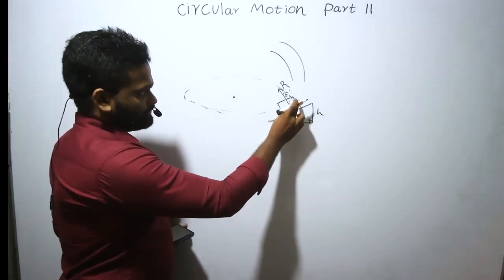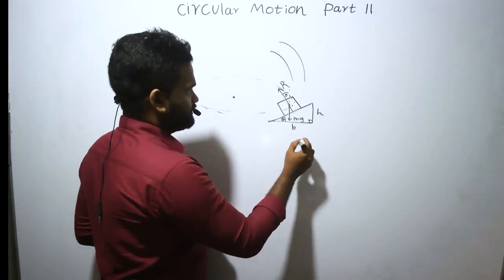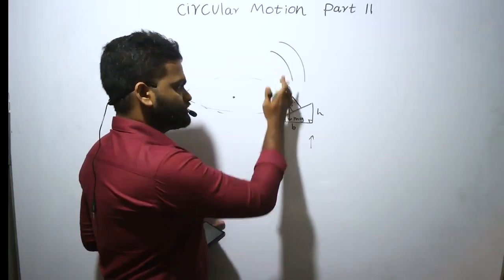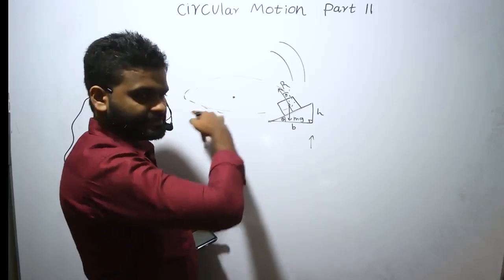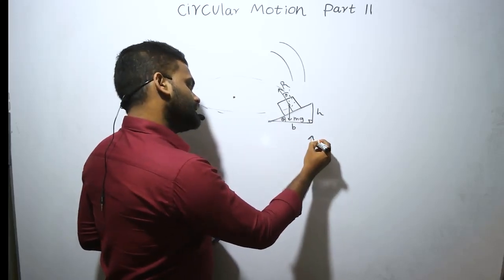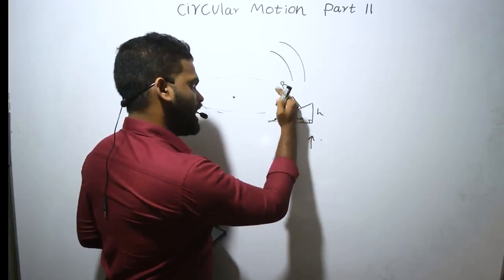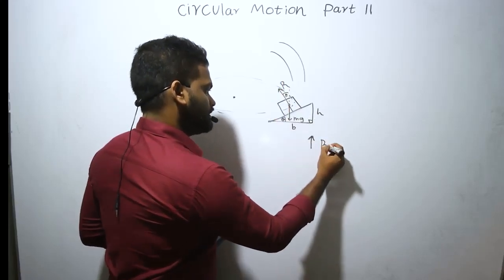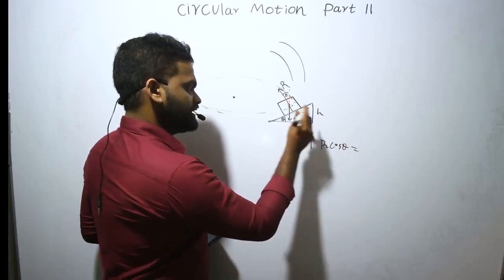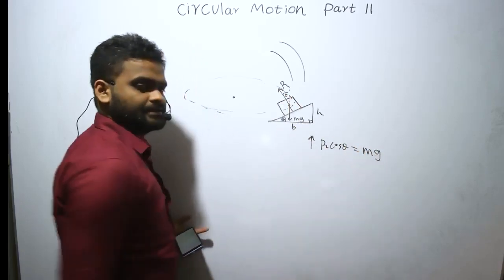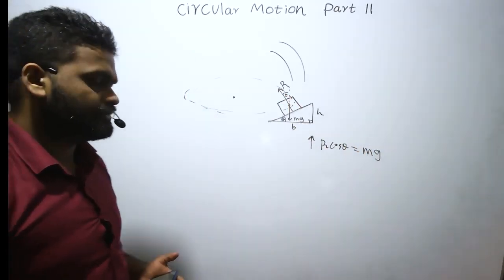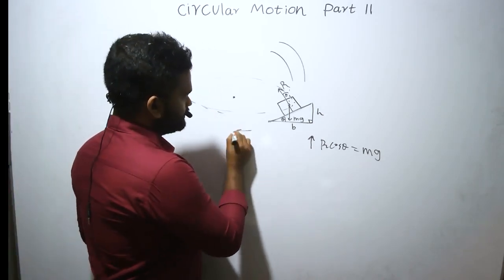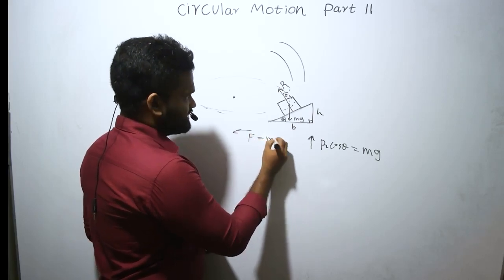So for this, you can consider vertical equilibrium. Vertically, there's no movement, right? Movement is only horizontal. So if you think about vertical motion, it is not r now, it is inclined. So you have to take r cos theta. So r cos theta is equal to weight, mg. Then as usual, just apply F equals ma towards the center.